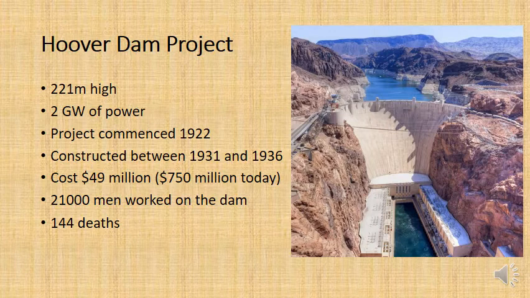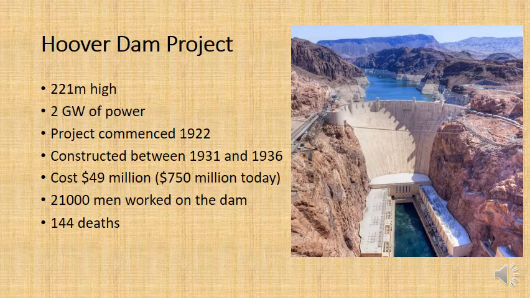Now, this project commenced in 1922. That's when people first started talking about how will we find a solution to meet the energy needs for that part of the country. How are we going to provide electricity to those people? Now, look at this. It only began construction in 1931.